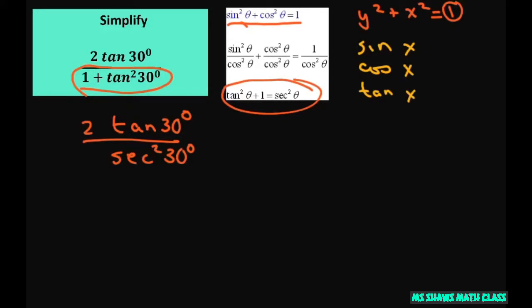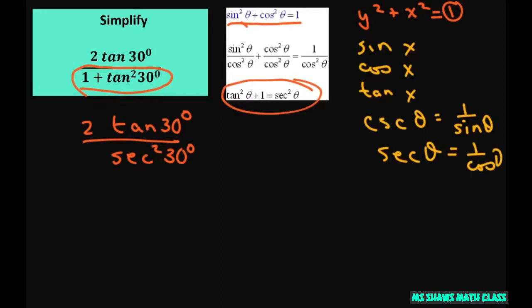The other ones are cosecant, which is 1 over sine, secant, which is the one we're doing, which is 1 over cosine, and cotan, which is 1 divided by tan. We have secant, and when it's squared, all you have to do is square this.